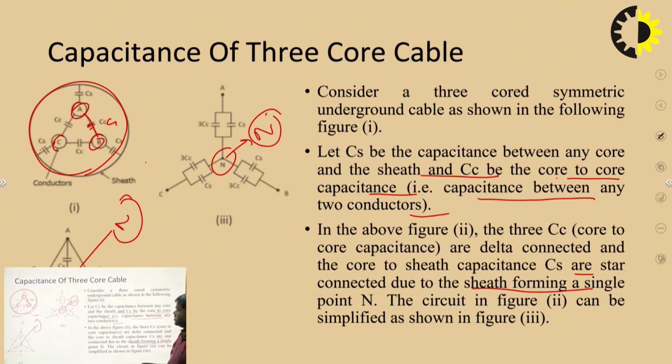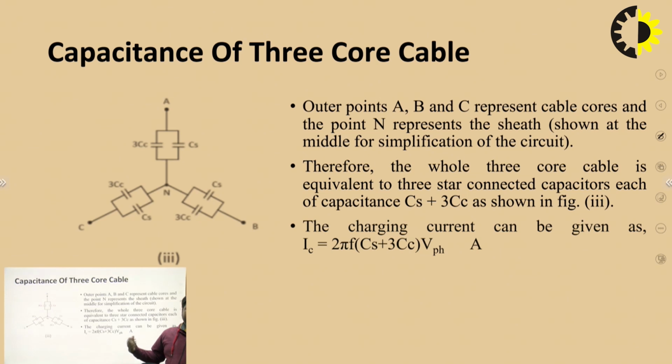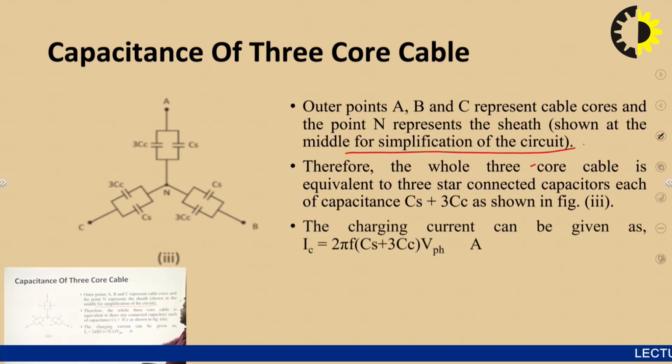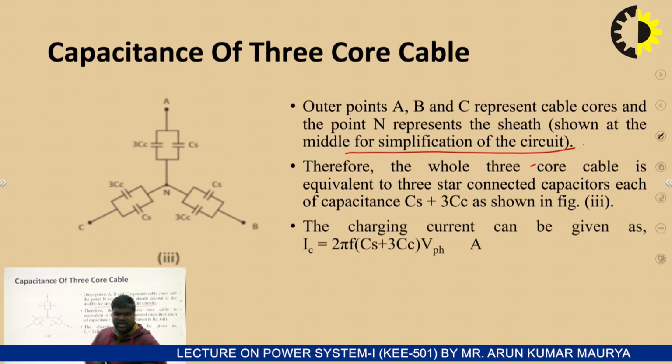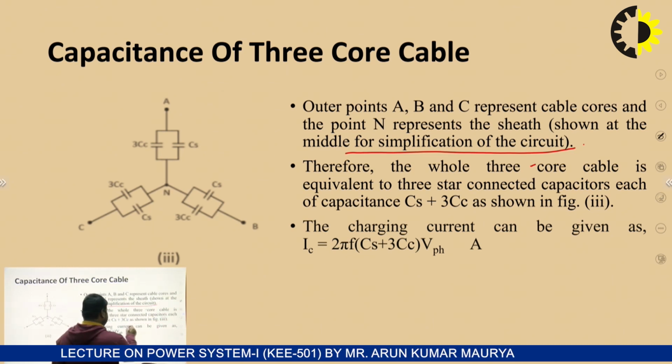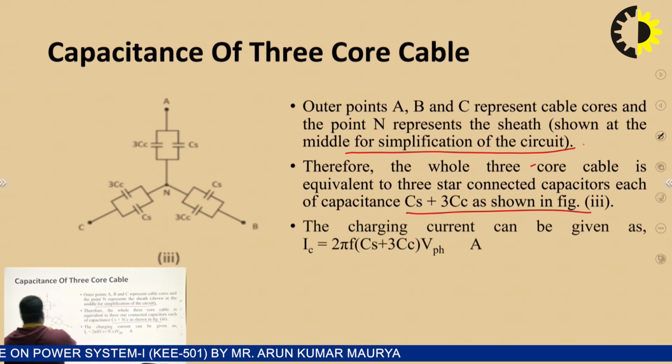This is shown in the second and third figures. Outer points A, B and C represent cable cores and the point N represents the sheath, shown at the middle for simplification of the circuit. Therefore, the whole 3-core cable is equivalent to 3 star connected capacitors, each of capacitance CS plus 3 CC, as shown in the third figure.